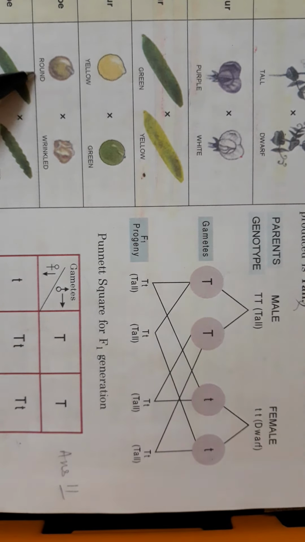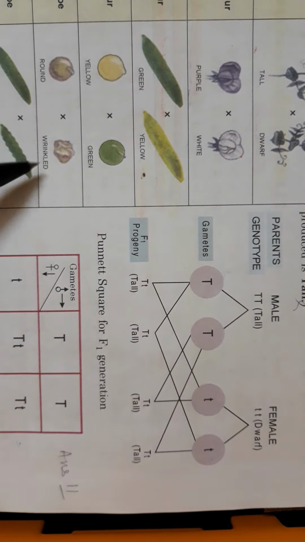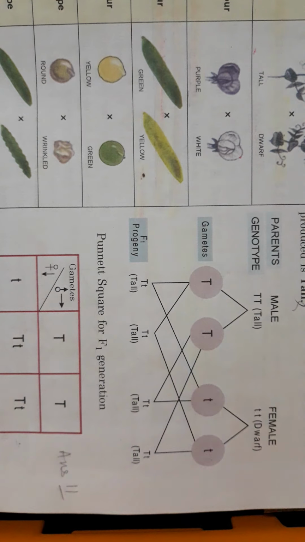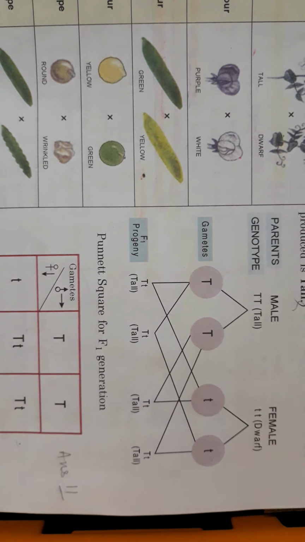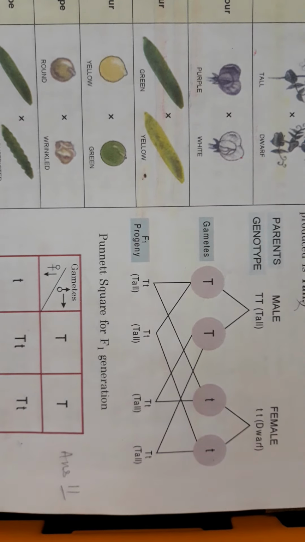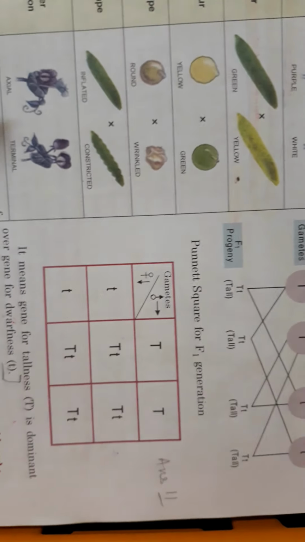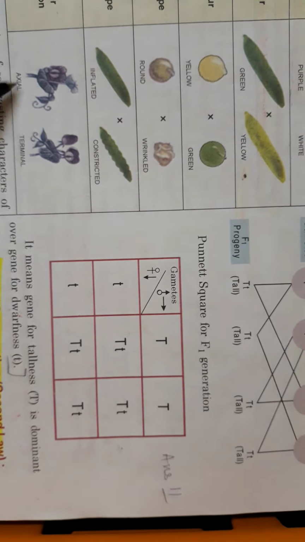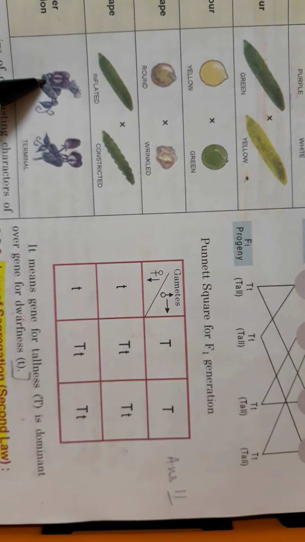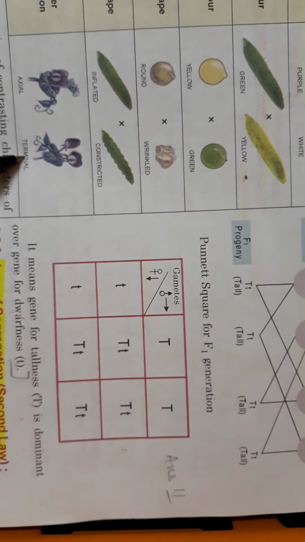Seed shape, round is dominant and wrinkled seeds are recessive. Pod shape, if inflated, then it is dominant, and if constricted, then it is recessive. If the flower position was axial, he took it as dominant, and the ones which were terminal he took as recessive.